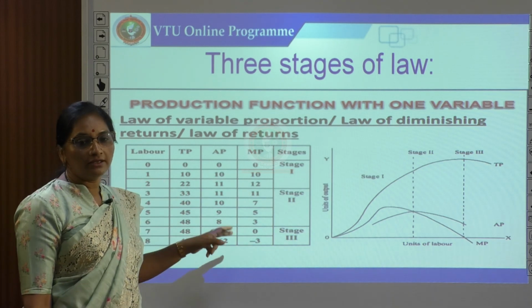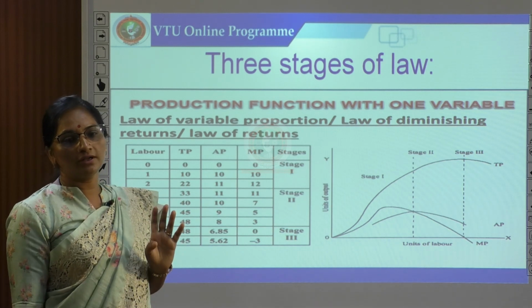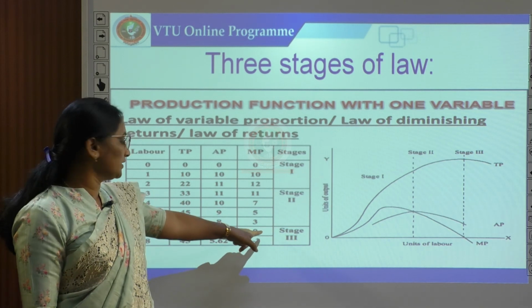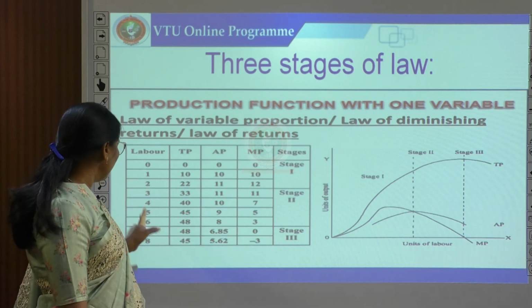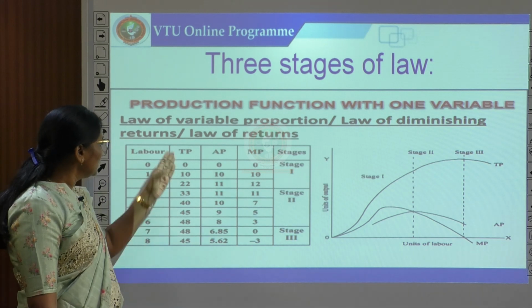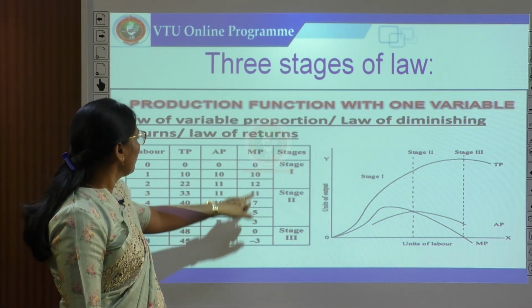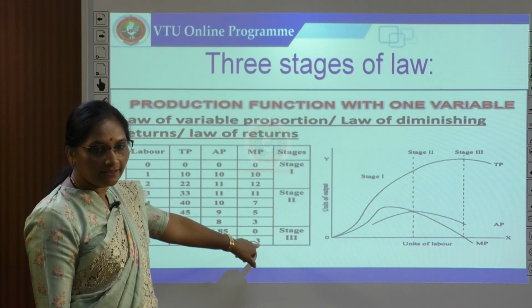Its contribution to the total product is there, but the marginal product is 0 here. Again, with the 8th labor, the total product is 45, average product is 5.62, and marginal product is declining.